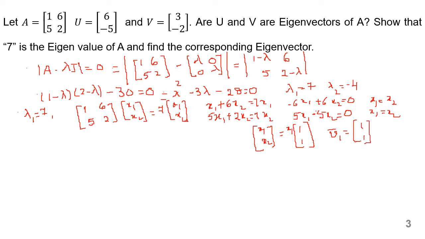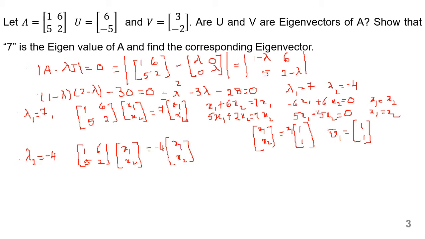Let me take the second eigenvalue, that is lambda 2 is equal to minus 4. It is 1, 6, 5, 2 multiplied by x1, x2 is equal to minus 4 times x1, x2.